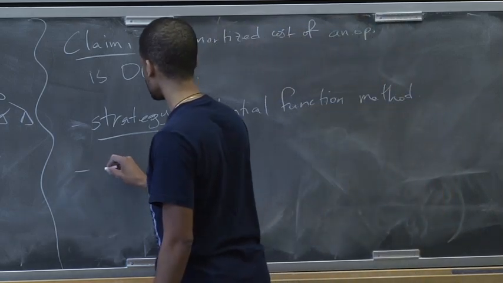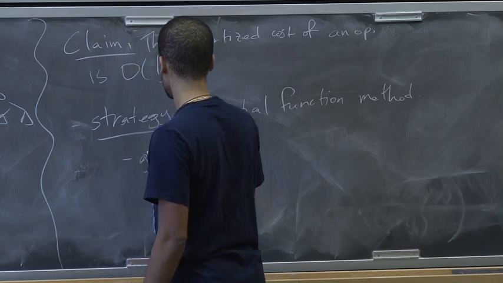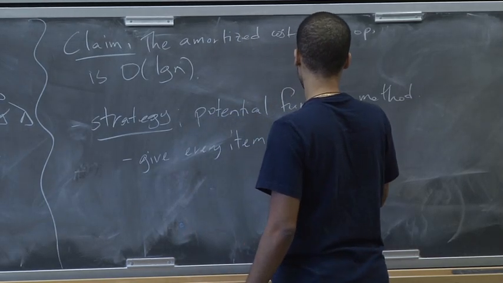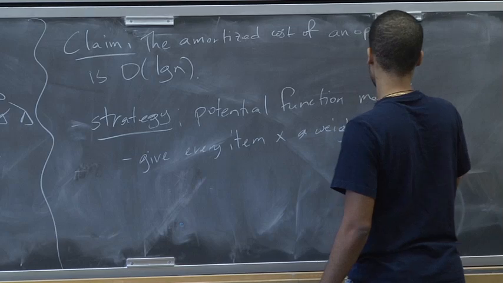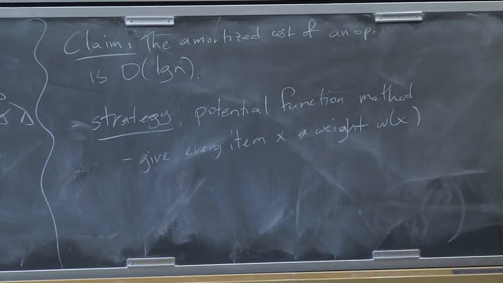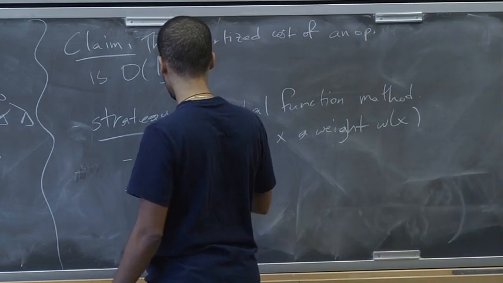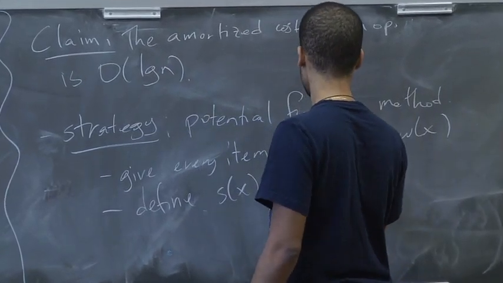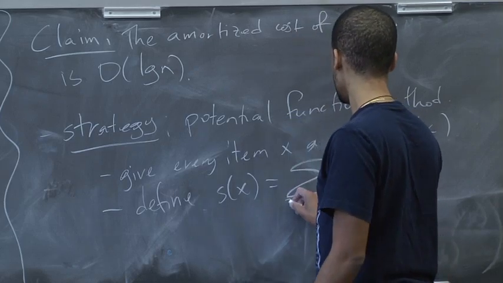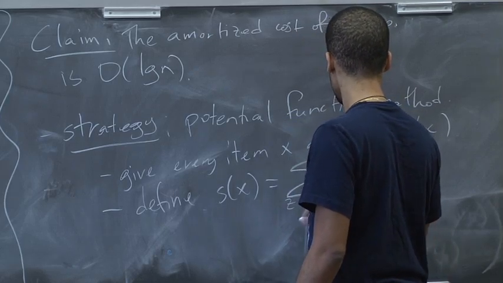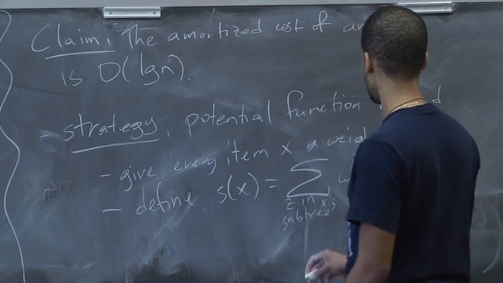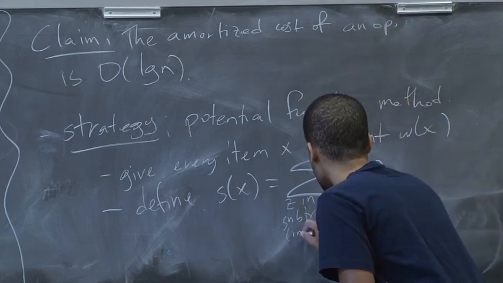Okay, so we're going to give every item x a weight w_x. We're going to define s(x) as being the sum over z in x's subtree of the weight of z. So this includes x itself.